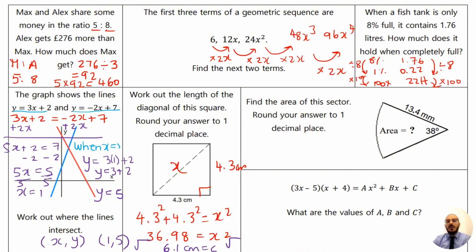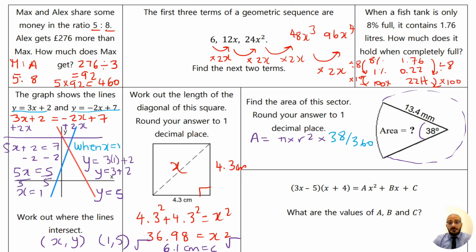Okay, now, next question. Find the area of this sector. Round your answer to one decimal place. So area of a sector, imagine if this was a full circle, you would be doing area of the circle is pi times the radius squared. However, this is 38 degrees out of the 360 degrees. So whatever I find out as area of the circle, I'm going to have to times that with 38 out of 360.